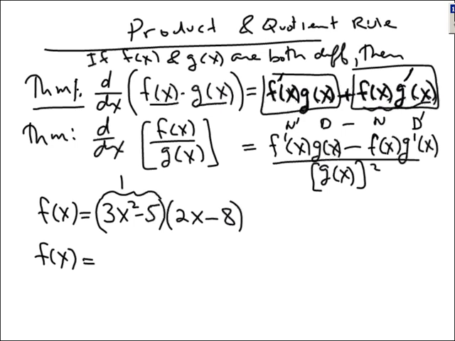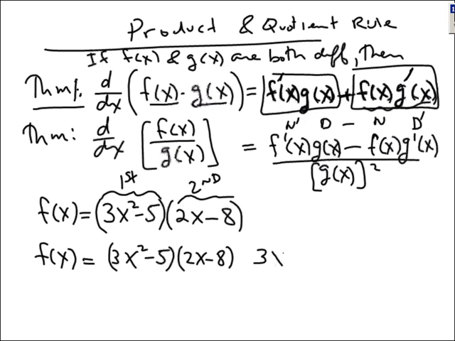I like to call this the first and this the second. So let's write it out in long form. Basically, you write down the problem 2 times. 3x squared minus 5 times 2x minus 8 with the plus sign in the middle.